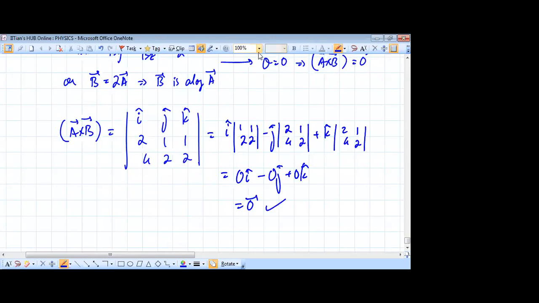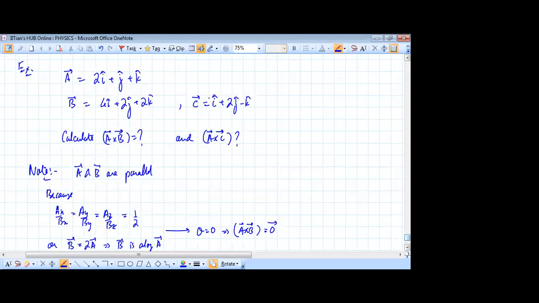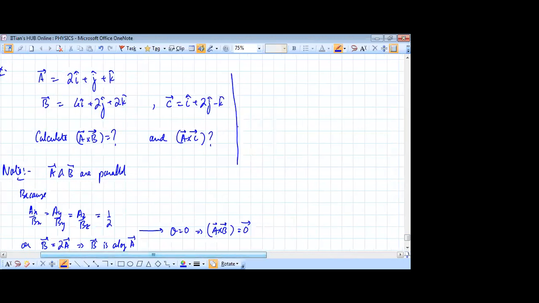Now similarly, when you are calculating A cross C, this is not having that relationship. You can see that A is not parallel to C or anti-parallel or anything like that. So A cross C, you will get a non-zero vector. Two, one, one, 1, 2, minus 1. So let's calculate this now.